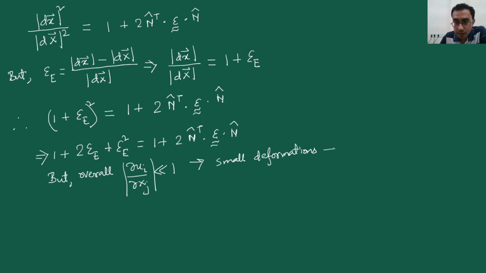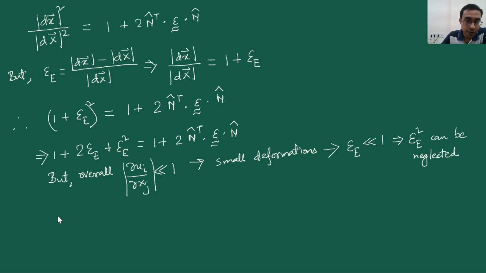this implies that epsilon E is also expected to be small, which implies that epsilon E square can be neglected in the previous expression.